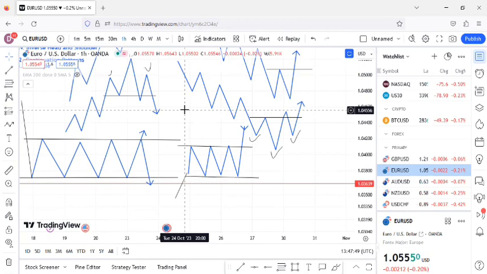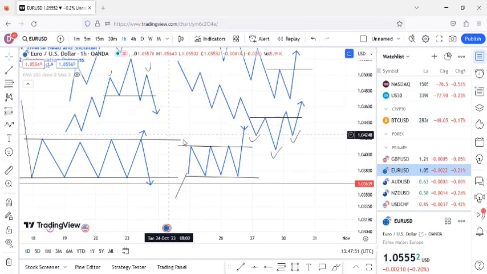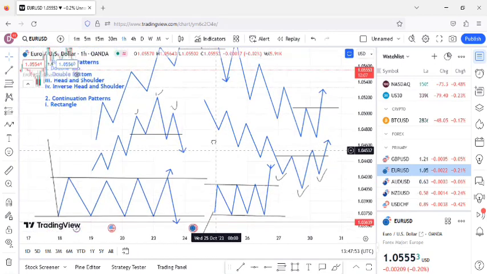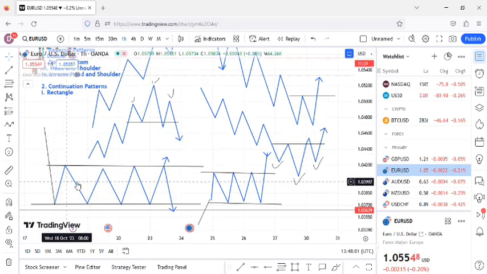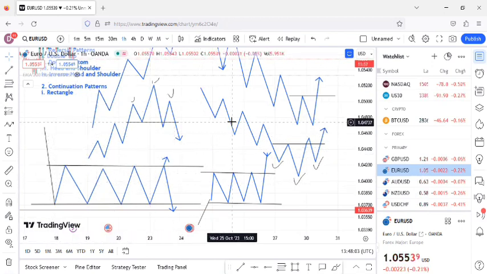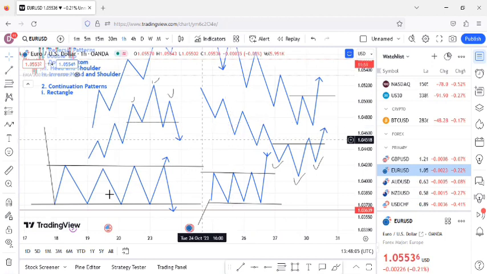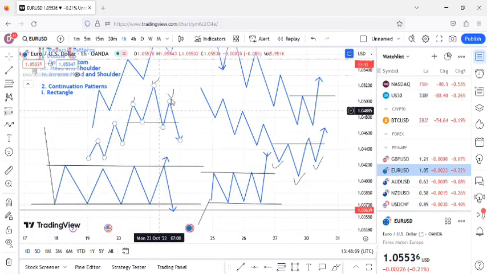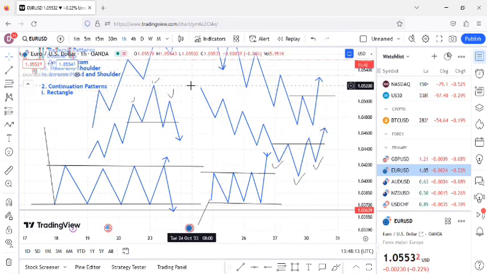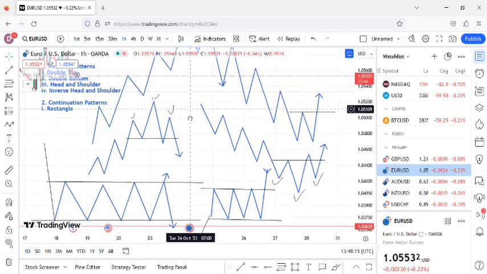So that's how you leverage on all these patterns, to know when to buy and when to sell, to know what the price is about to do, whether there is a price continuation or a price reversal. When you see a consolidation like this, then you should know what to look out for. When you see all these reversal patterns, then you should know what to look out for.